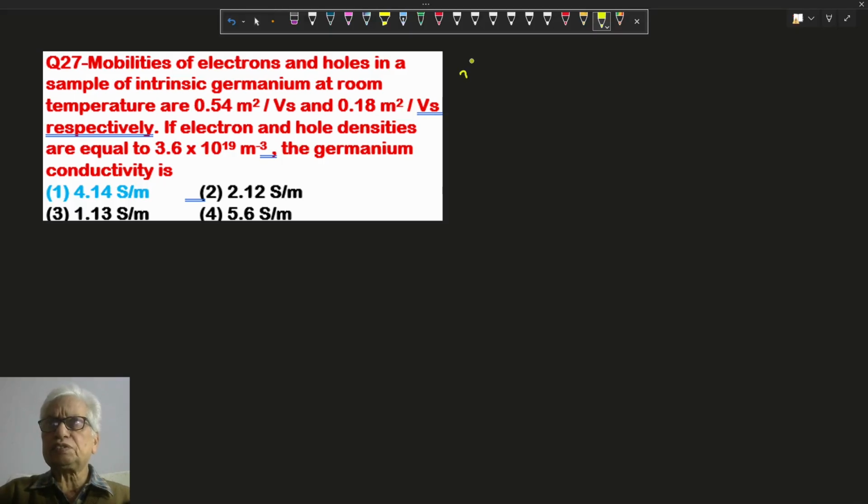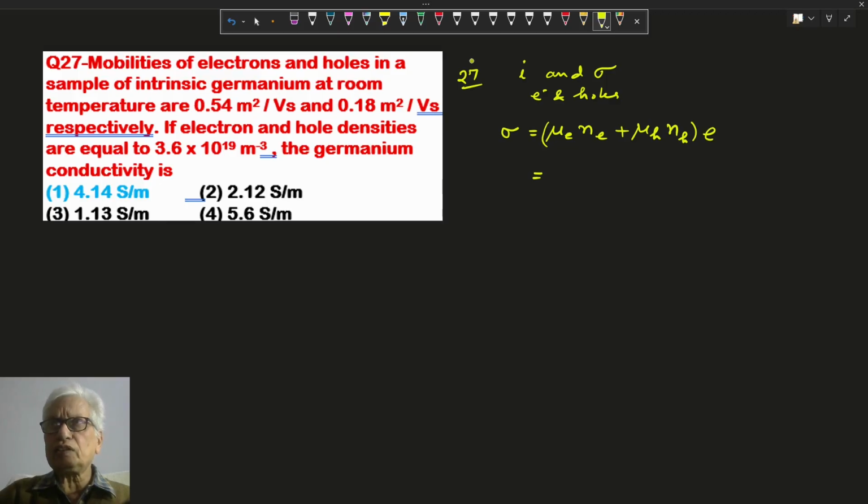Hello, in this question, the current as well as the conductivity both depend on electrons and holes. So here conductivity is given by mu e Ne plus mu h Nh, all times e, where mu means mobility and N means density. So Ne is electron density and Nh is hole density, into e. We put all the values here.